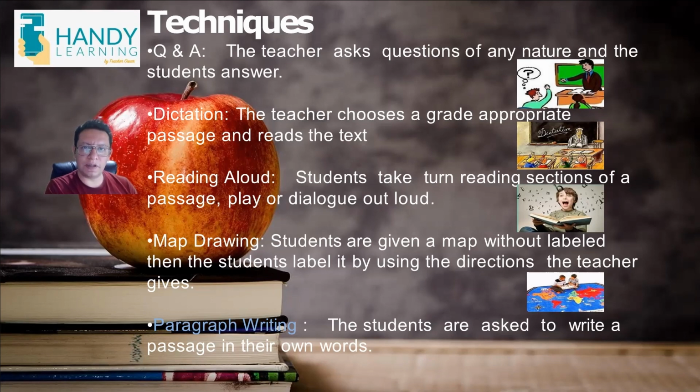Map drawing is one of the best techniques to develop listening for specific information. As you know, you give a handout to the students in which they have a drawing, and then as a teacher, you start explaining and describing the scene, and the students need to be drawing, coloring, or just marking and emphasizing whatever you are describing as a teacher. Paragraph writing is basically what we call compositions.